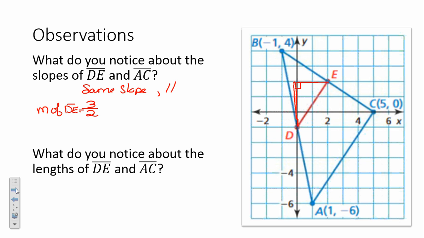So now we want the slope of AC. Up 6 and over, someone said it, 4. We went up 6 and over 4.